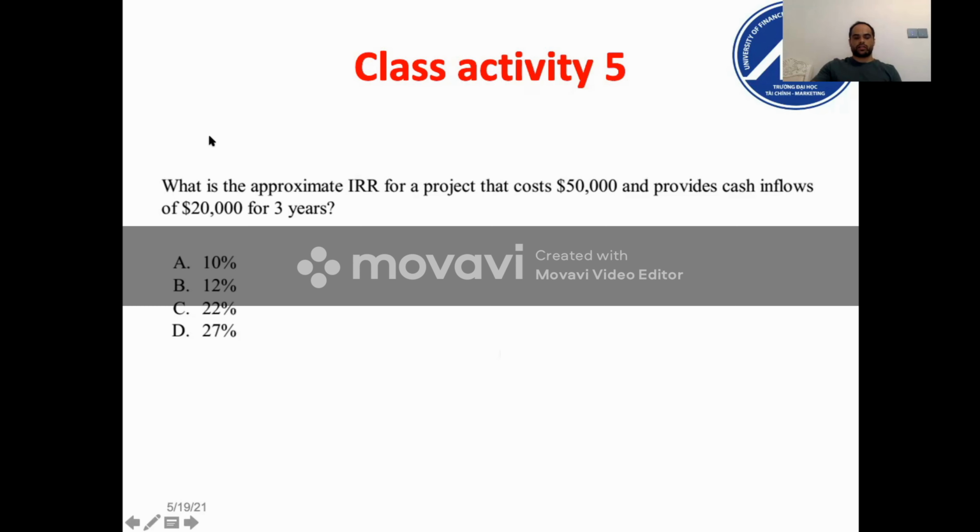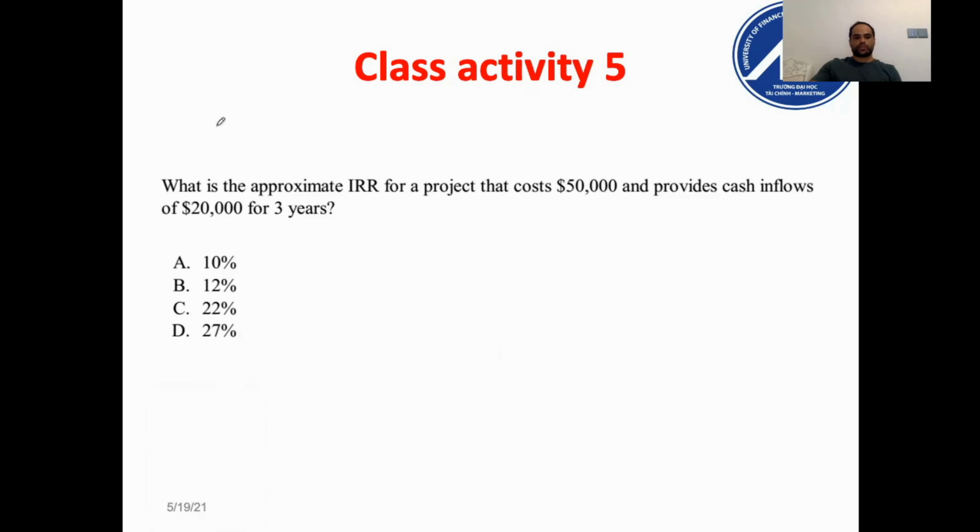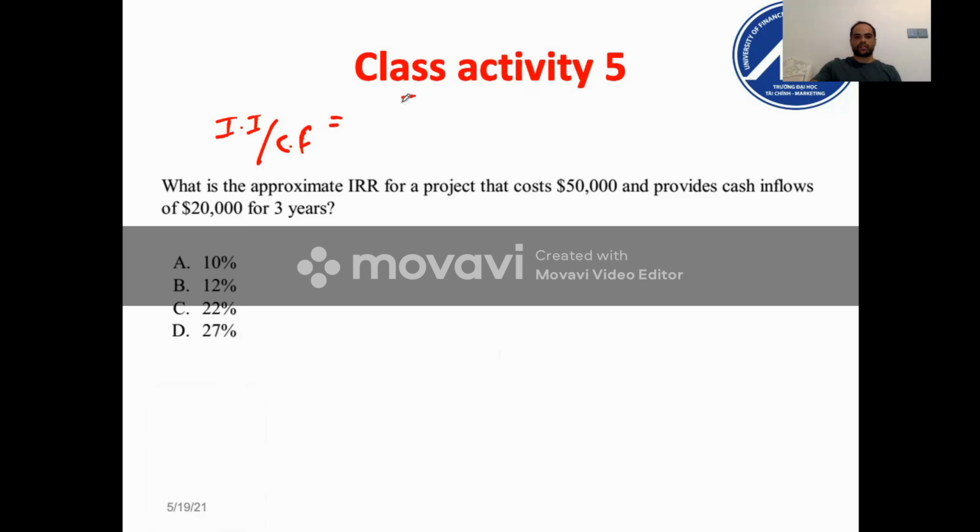Let's have a look at how we get this 10%. The formula is initial investment divided by cash flows. The initial investment, the project cost, is 50,000, divided by your cash flows, which are 20,000.